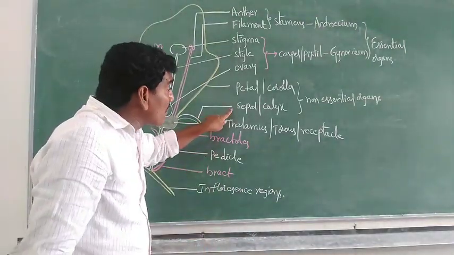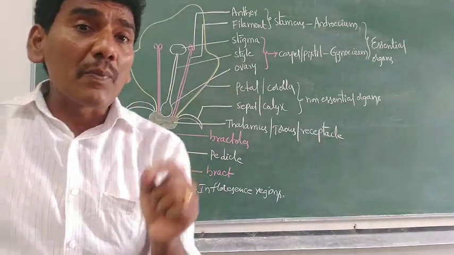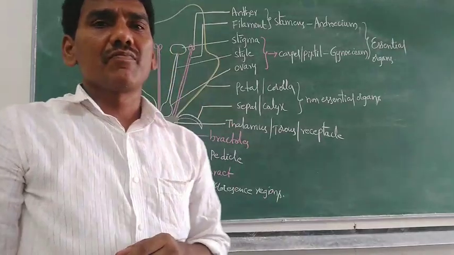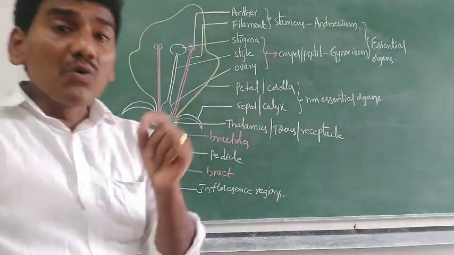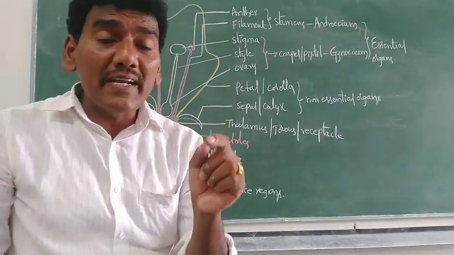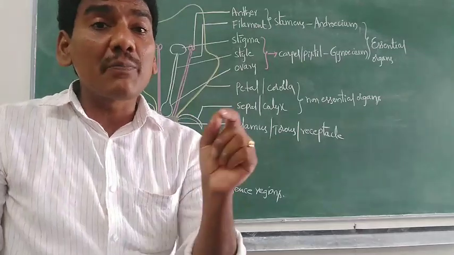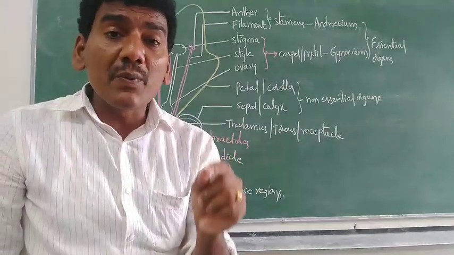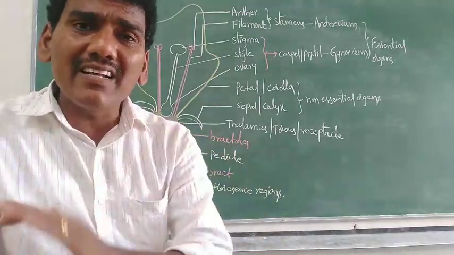The second whorl of the flower is called corolla. The corolla appears in different colors. How does the corolla appear in different colors? Due to the presence of different types of pigments, the corolla appears in different colors.